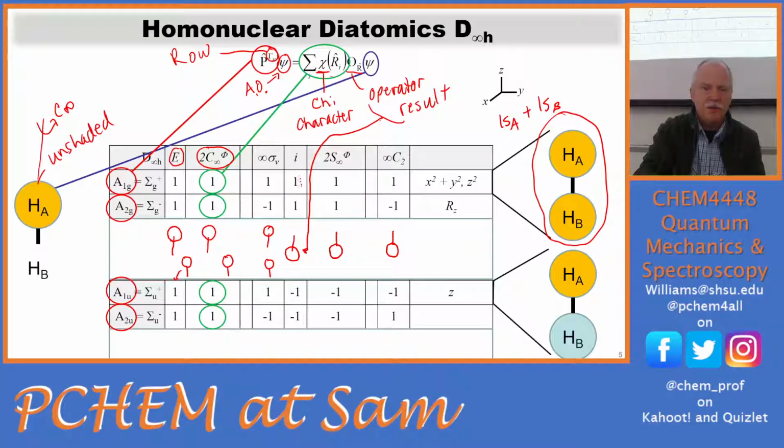But when I do the inversion, it goes to the other side of the molecule, and it's a -1 because it's shaded. That -1 tells me that it's now shaded. Doing the S infinity operation, it flips to the other side, and that -1 tells me that it's shaded. And then for the C2, it flips to the other side, and that -1 tells me that it's shaded.